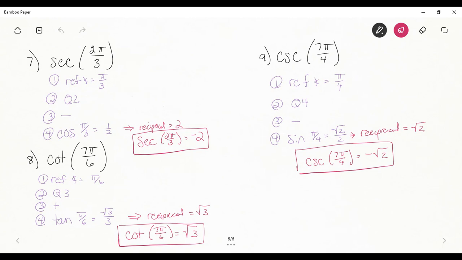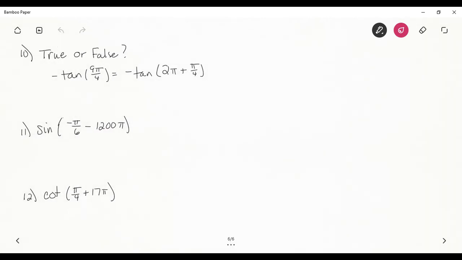All right, last but not least, 3 examples of a quick little true-false. Is it true that negative tangent of 9 pi over 4 would equal the negative tangent of 2 pi over 4? Well, if we look at this angle here, this 9 pi over 4 has a reference angle of pi over 4.